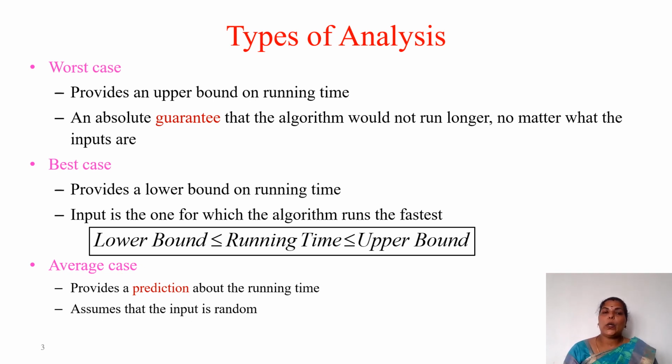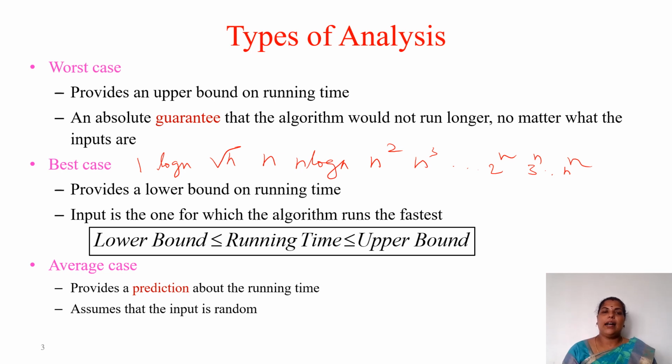And here we know the relationship between the lower bound and upper bound. Always lower bound is less than or equal to running time, which is less than or equal to upper bound. The functions must belong to one of the classes only. In the last presentation we have seen 1, then log n, root n, n, n log n, n square, n cube, up to 2 power n, 3 power n, then up to n power n.